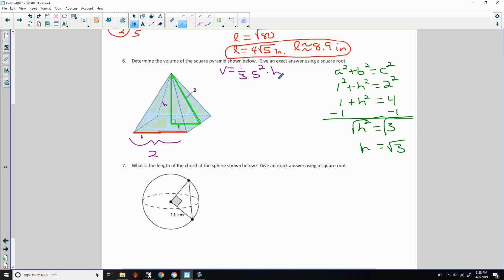So now I found h, so I can replace it here, and I know s is 2.